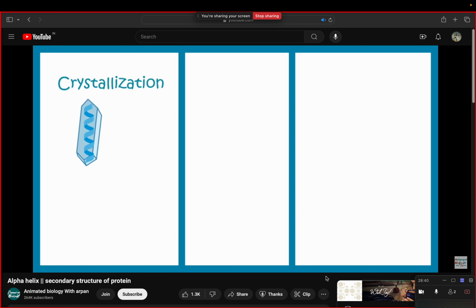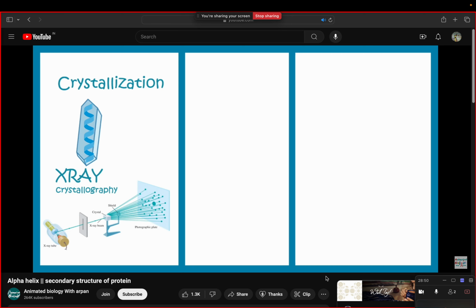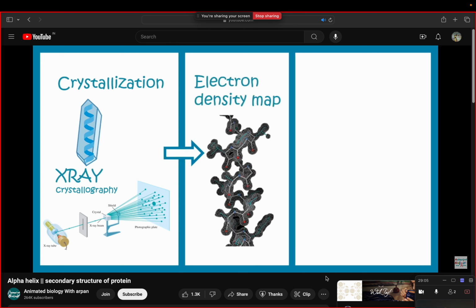Now let us try to understand how we can study and gain information about alpha helix. First, we start with X-ray crystallography, which begins with crystallization of the protein. Then, in the X-ray crystallographic method, we obtain a diffraction pattern when we pass X-rays through this crystal. From this diffraction pattern, we convert it into the frequency domain to get the electron density map.